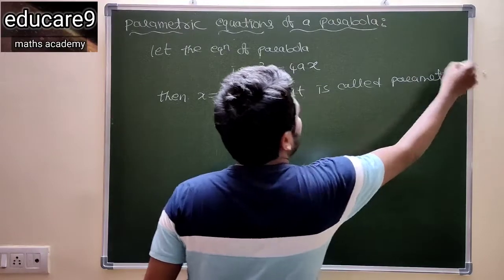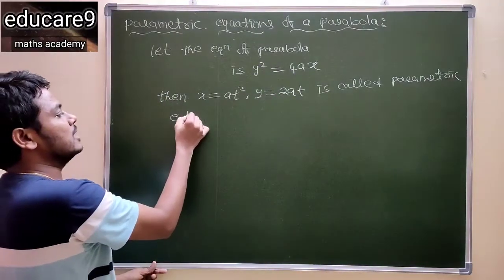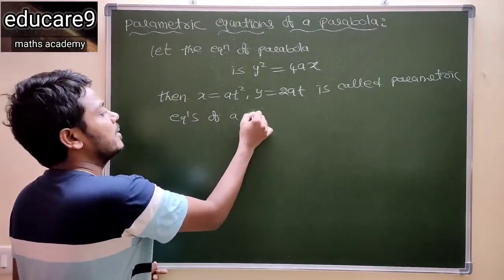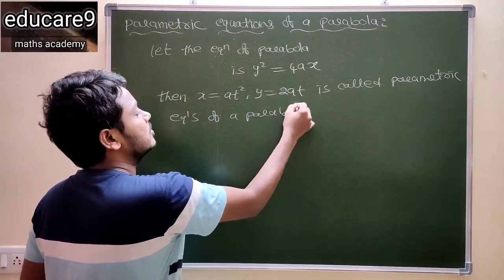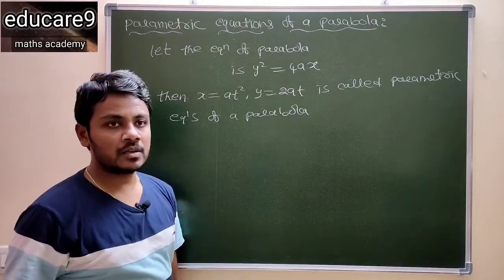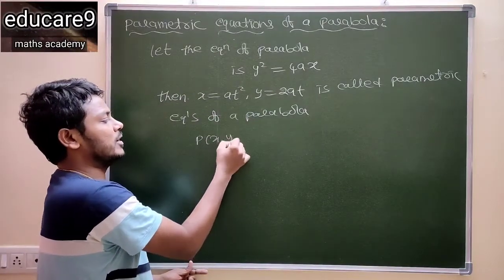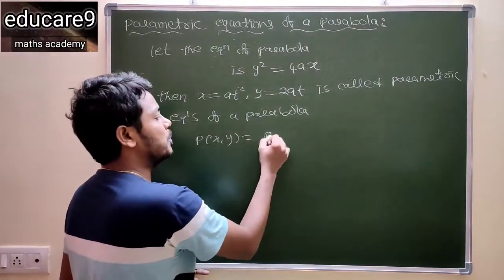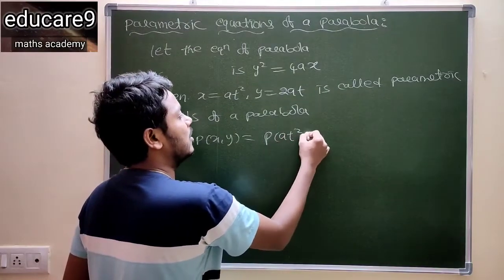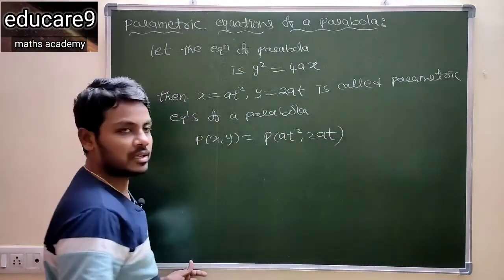This is called what? Parametric equations of a parabola. Okay. So clearly P(x, y) is equal to what? P(at², 2at).